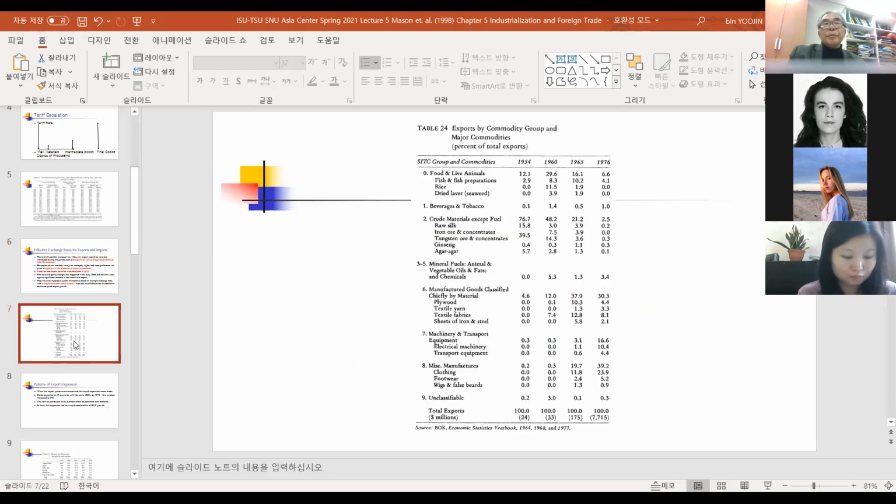Okay, this shows exports by commodity group and major commodities. Let's take a look at what the major items were during, for example, 1960. Crude minerals except fuel was a major item, 48%, right?